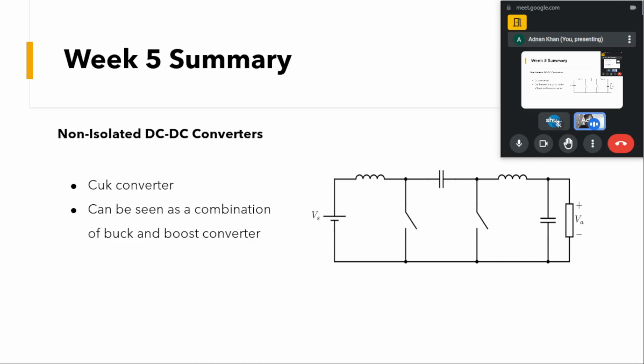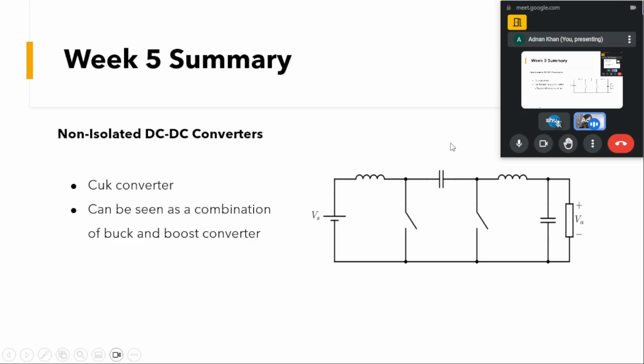Continuing with that, this week what was discussed is the Cuk converter. As you can see, this picture is the circuit diagram of a Cuk converter, and it is named after the inventor who discovered this topology.